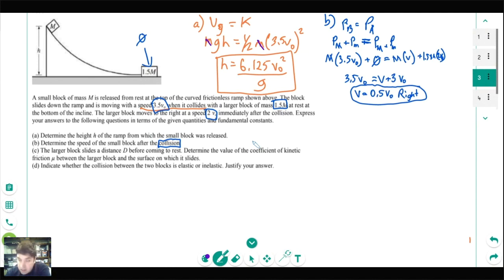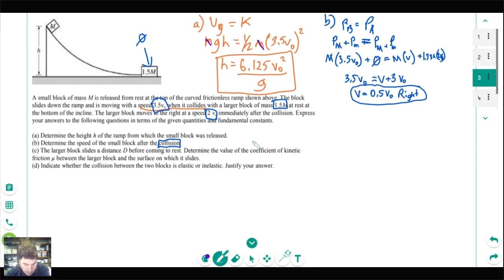Part C. The larger block slides a distance d before coming to rest. Determine the value of the coefficient of kinetic friction between the larger block and the surface on which it slides. All right, so this one, we're looking for friction. And friction, to me, is, well, hopefully to you too, there's only two options here.